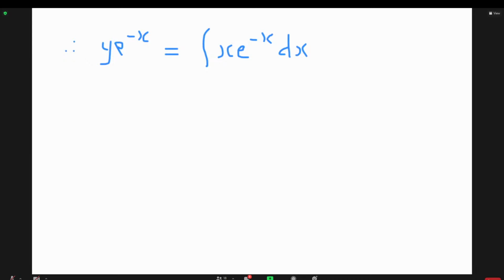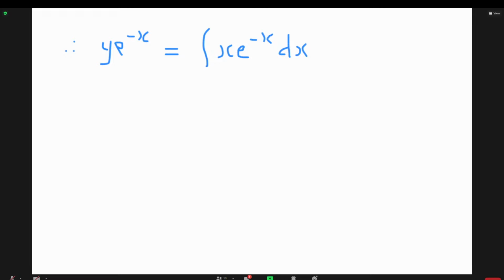All right. Of course, to integrate the right-hand side, anybody? You have to integrate this by parts, because it's a multiply sign there. Okay, we're not going to go through integration by parts right now.